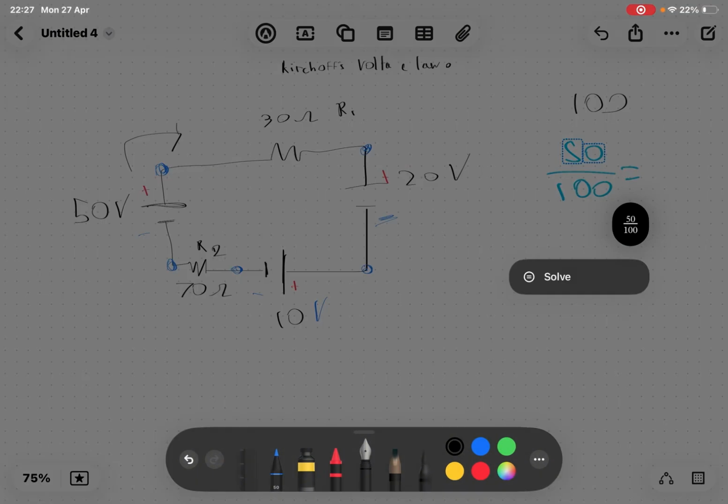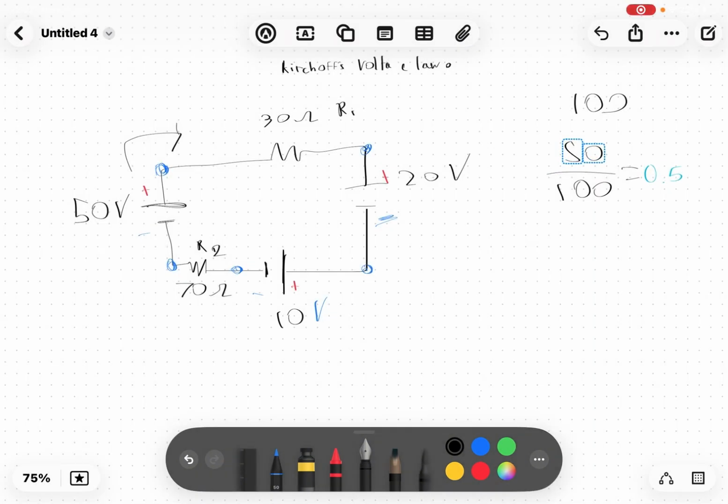I messed up by saying 80. So we have 50 minus 20 minus 20V is equal to, for example, a current of 0.2. Oops, sorry guys, basically I messed up fully.